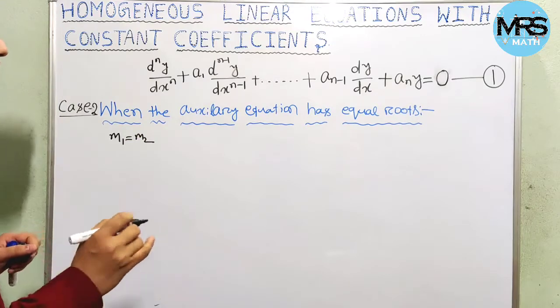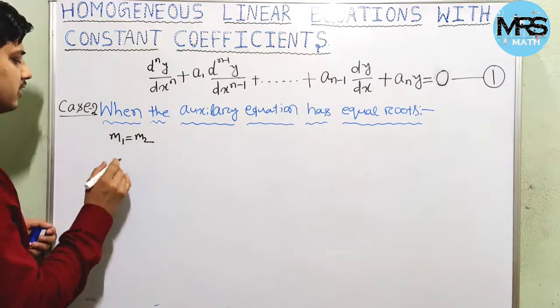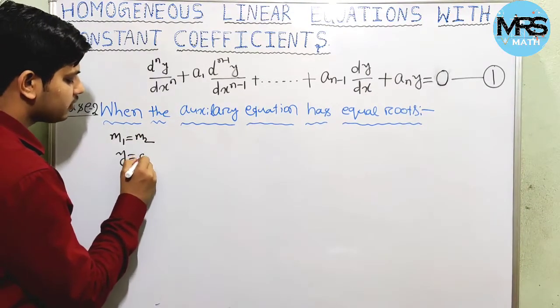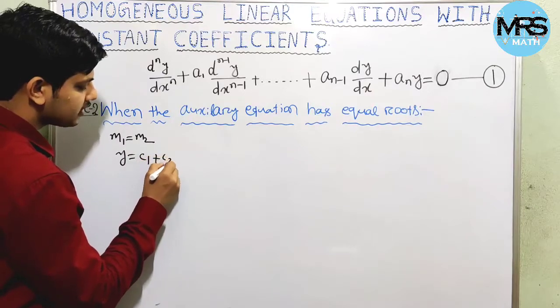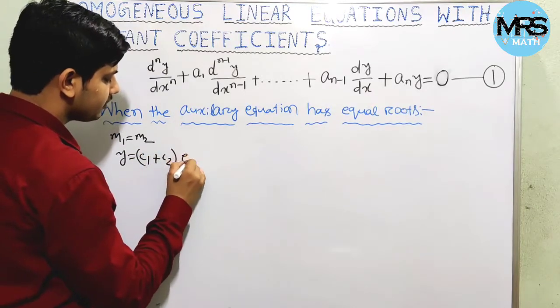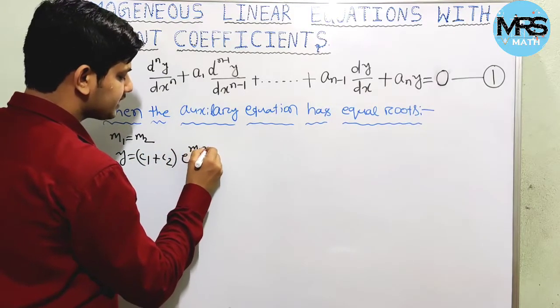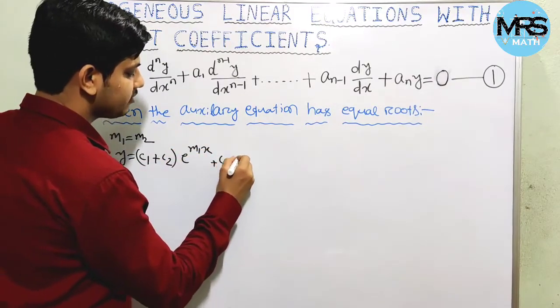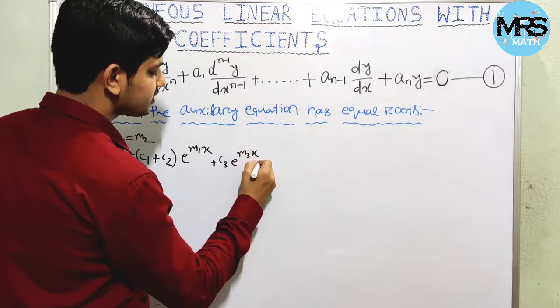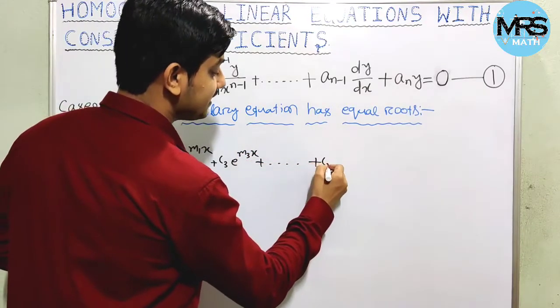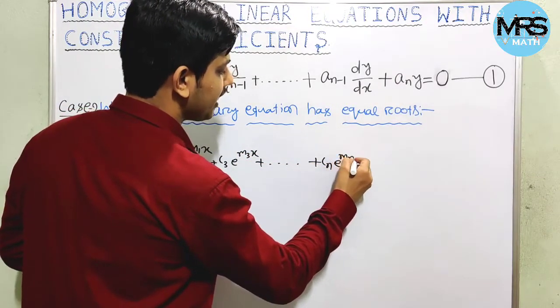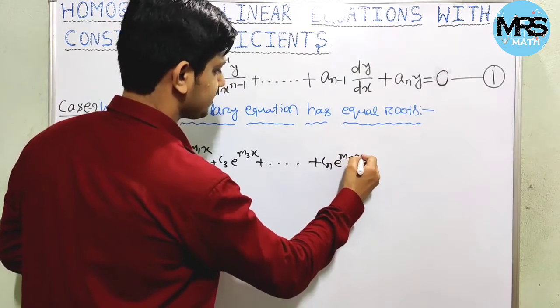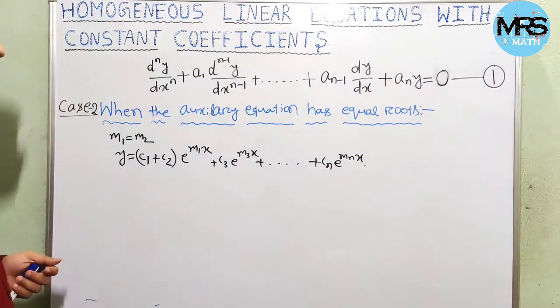So in this case the general solution will be y equal to c1 plus c2 into e to the power m1x plus c3 e to the power m3x up to cn e to the power mnx.